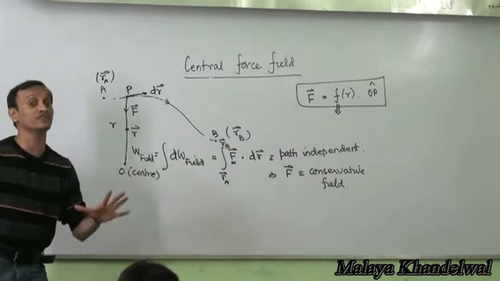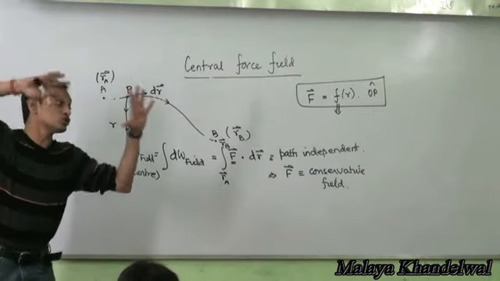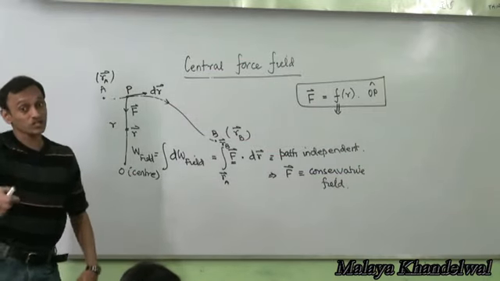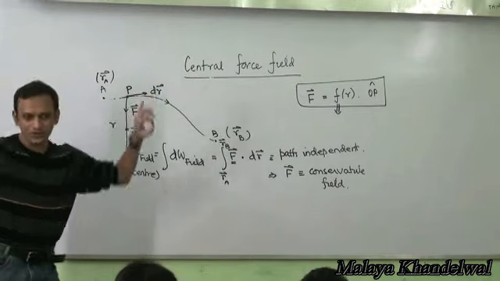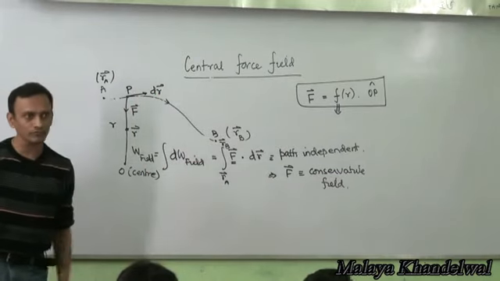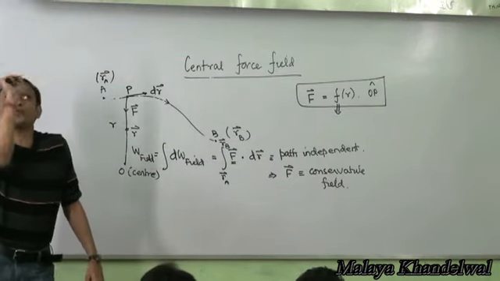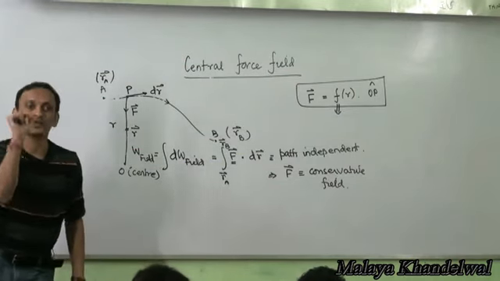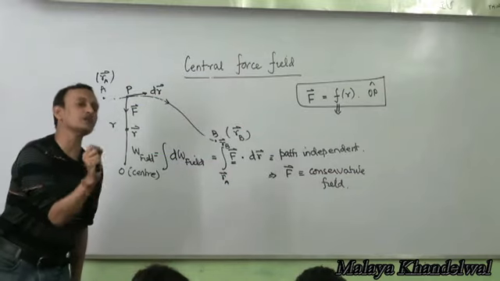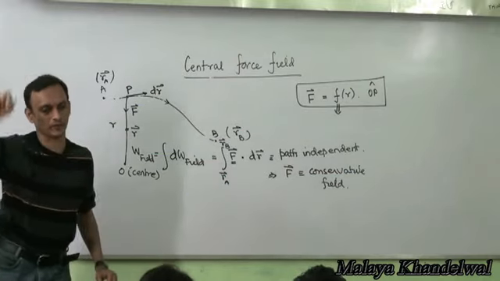So then, in a conservative field, one way to describe the field is a vector description. At every point, I can associate a force vector. That's one way to describe a field. And if it's a conservative field, every point could be related to a number. That number refers to the potential energy of a test particle at that point.